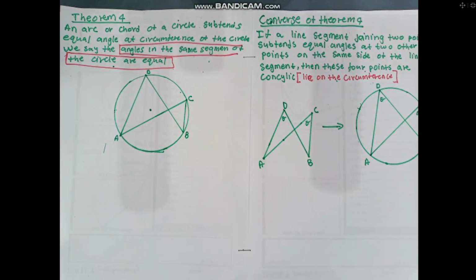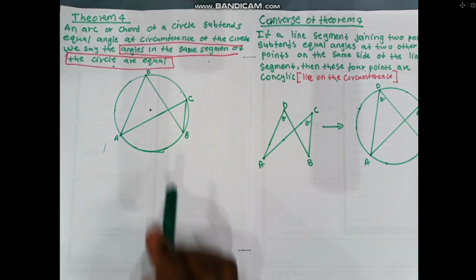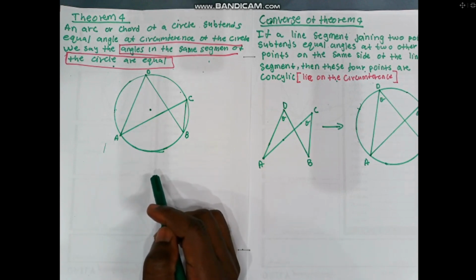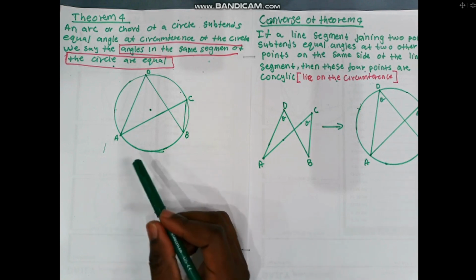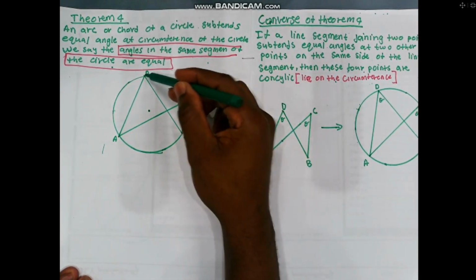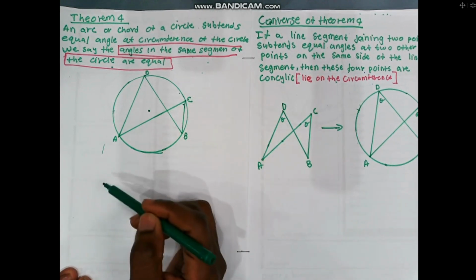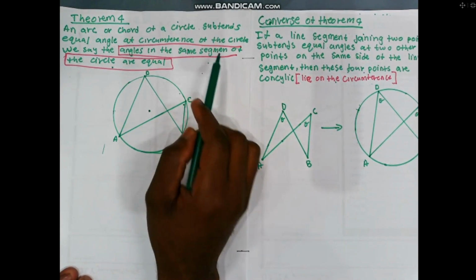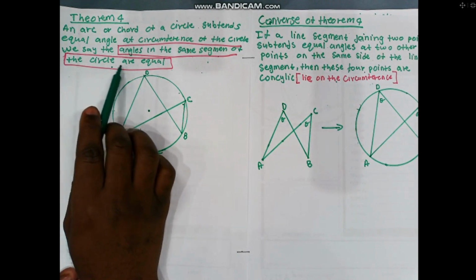Theorem 4: an arc or a chord of a circle subtends equal angles at the circumference. What circumference? This circumference here, these angles here. We say angles in the same segment of a circle are equal.